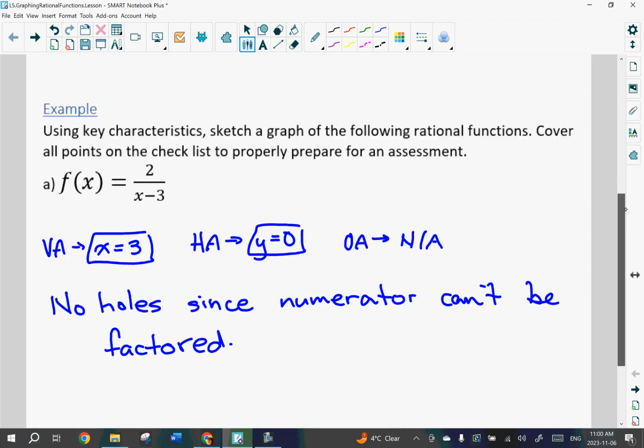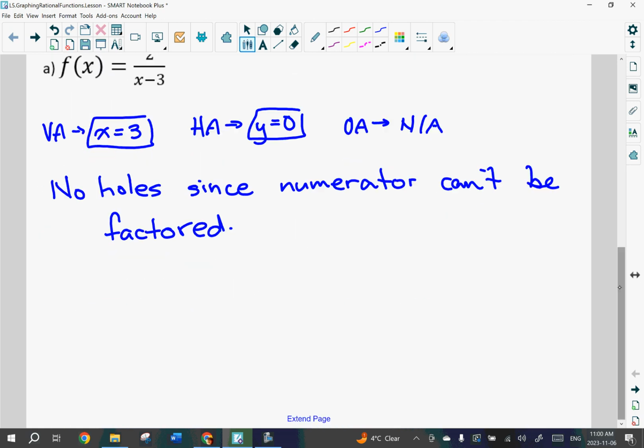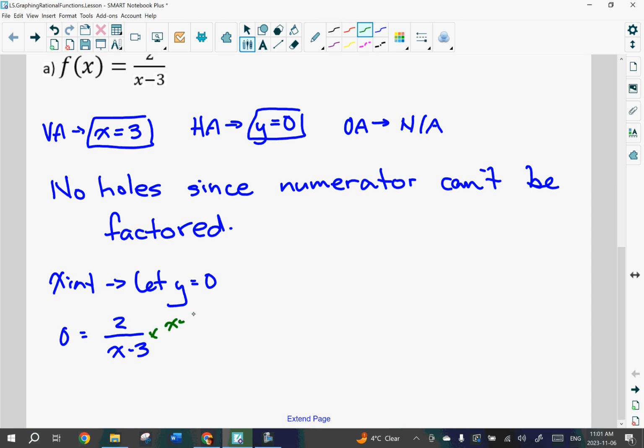Let's do x and y intercepts. x-intercept: let y equals 0, 0 equals 2 over x minus 3, multiply both sides by x minus 3.